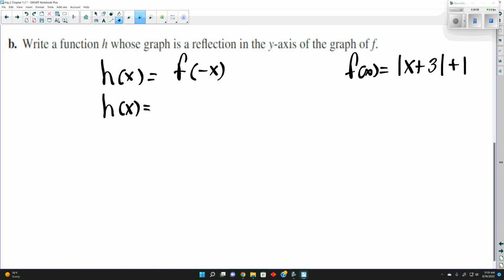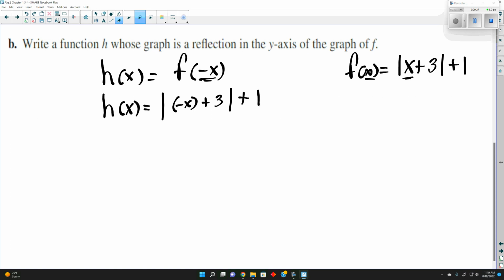So this time, when we take this and apply it to our function, we're replacing every x with negative x. So this x here is now going to become the absolute value of negative x plus 3. So we replaced the x with negative x.